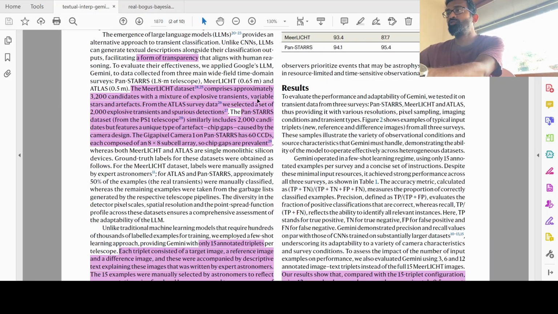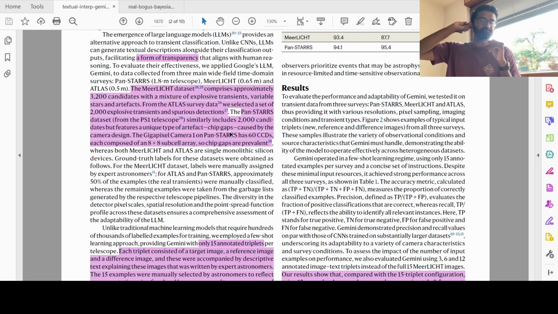The MeerLICHT dataset comprises 3,200 candidates containing explosive transients and some bogus variable stars. The ATLAS dataset contains explosive transients and some bogus events, spurious detections. You can think of them as false positives. The Pan-STARRS dataset includes 2,000 candidates but features a type of artifact called chip gaps.